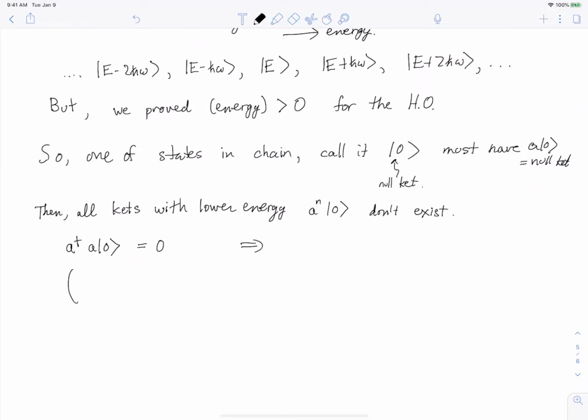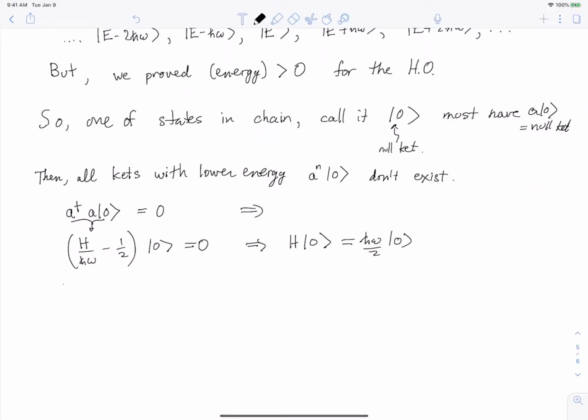And that means if we take the Hamiltonian over h bar omega, subtract off the 1/2, that makes it A dagger A. And we act on 0, we get 0, which is telling us that H acting on the state 0 is h bar omega over 2 acting on 0. And so what we've proved is that the lowest energy eigenstate has energy h bar omega over 2. Okay, and that is agreeing with what we found in the position representation.